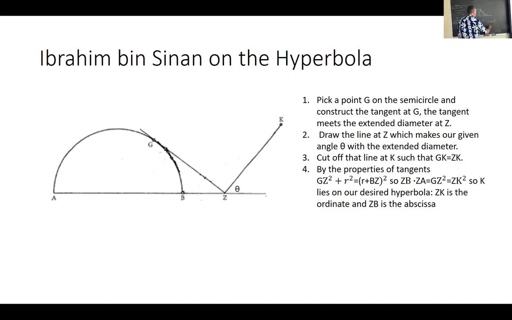If we just multiply this out, this is R squared plus 2R BZ plus BZ squared. The R squareds cancel. 2R is a diameter, and so the diameter is AB. So we factor out a BZ.